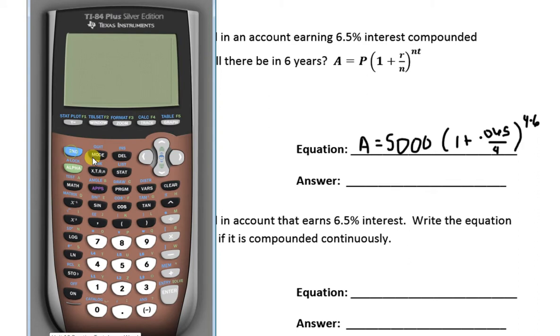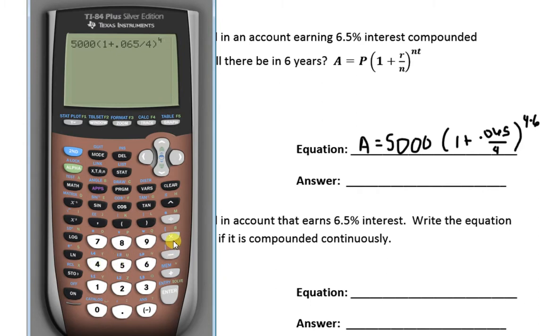Unless you have a calculator like this, when I figure that out: 5,000, 1 plus 0.065 divided by 4, and I raise that to the 4 times 6.